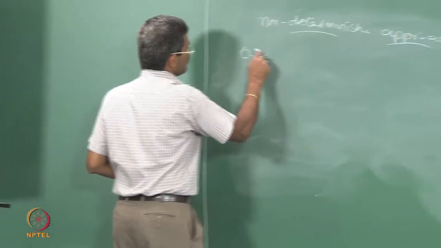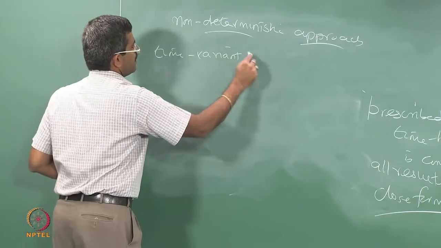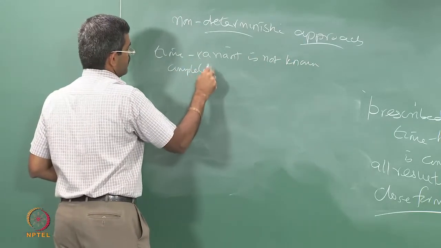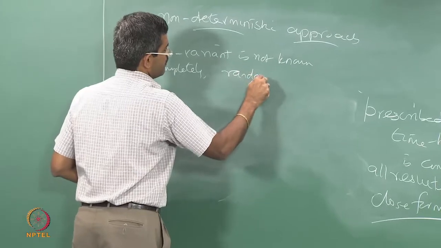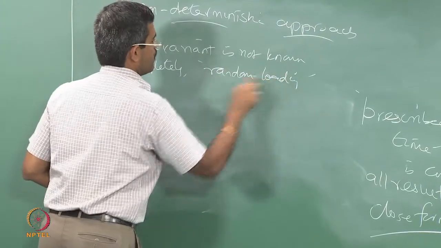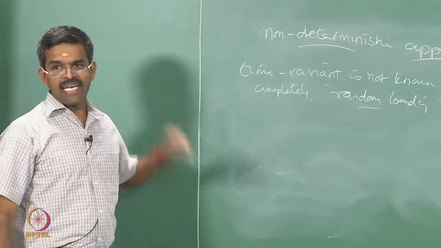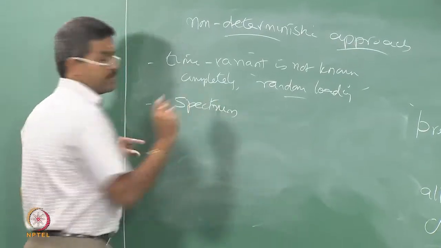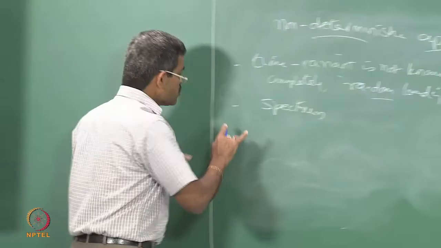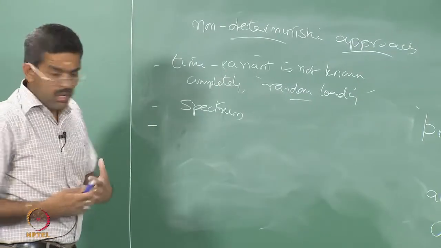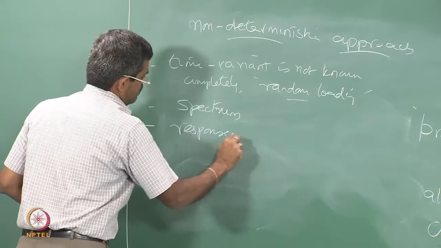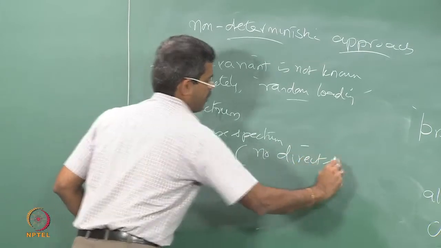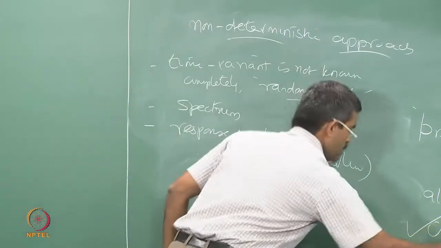If the time variation is not known completely, I call this random loading. In case of random loading, I generally express the load using a spectrum. So, all solutions I get from this analysis will be based on response spectrum. So, no direct solution, whereas the deterministic approach gives me a direct solution.